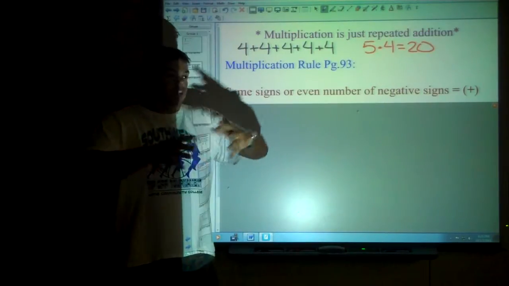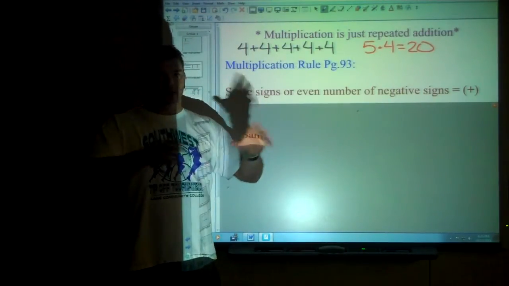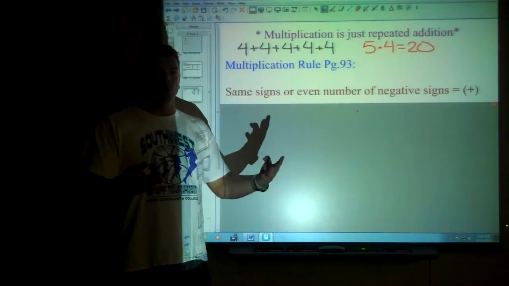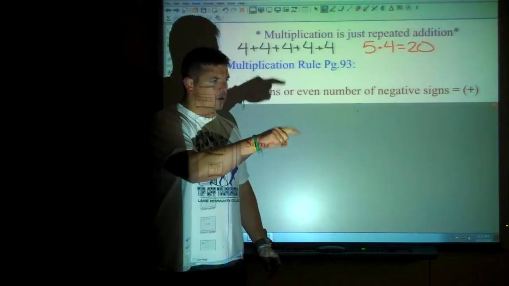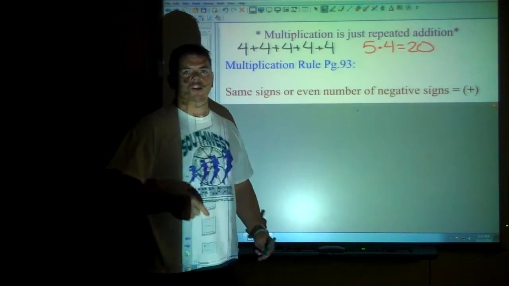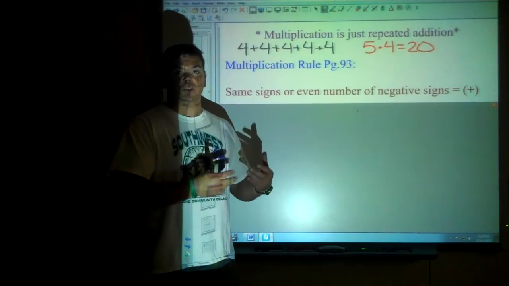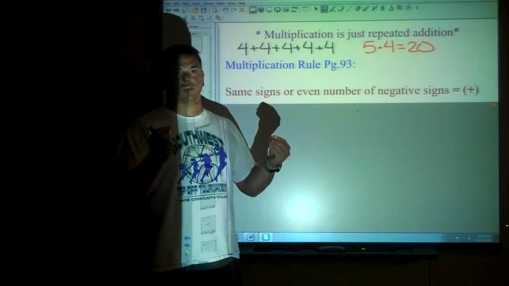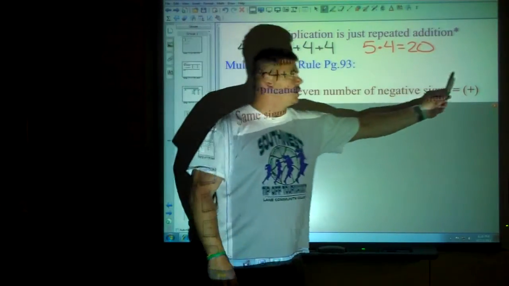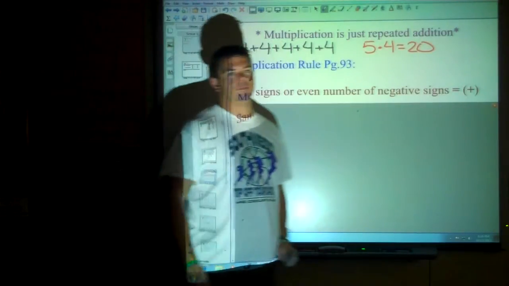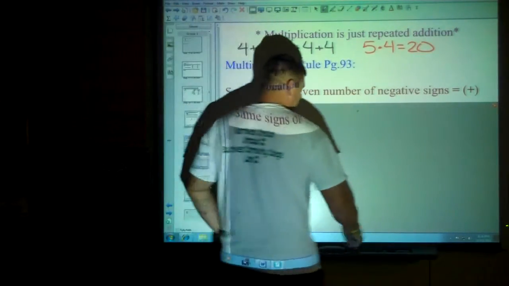Or if you have a whole bunch of numbers all being multiplied, not added or subtracted, and you count up all the negatives, and there's an even number of them, like 2 negative signs, 4, or 6, you're going to get a positive answer.